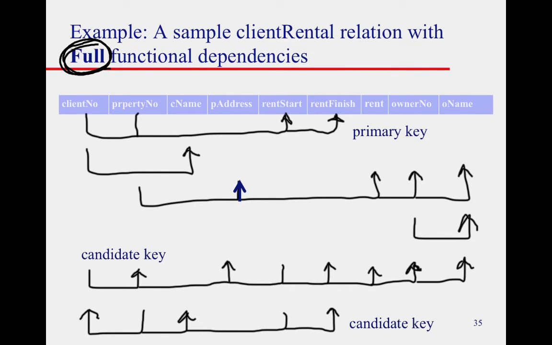So we have client number, property number, determine rent start and rent finish. Then we have client number by itself uniquely determines client name. We have property number by itself uniquely determines property address, rent, and owner number.